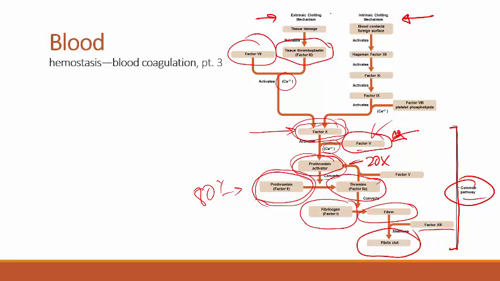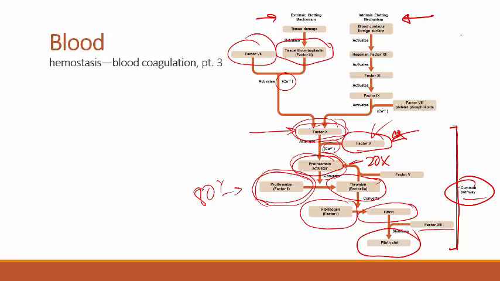So that's one way. The second way is if a cut happens and the blood contacts a foreign surface like a collagenous fiber, or if there's a plaque in the blood vessel. We talk about that as arteries get narrowed by plaque formations.